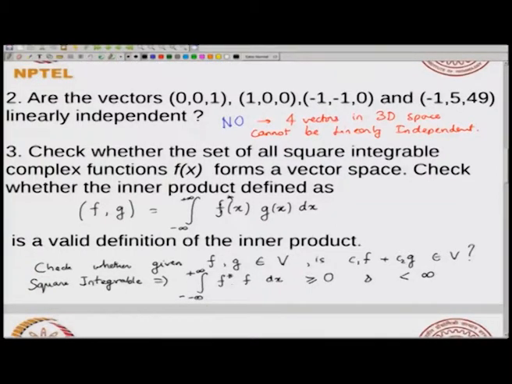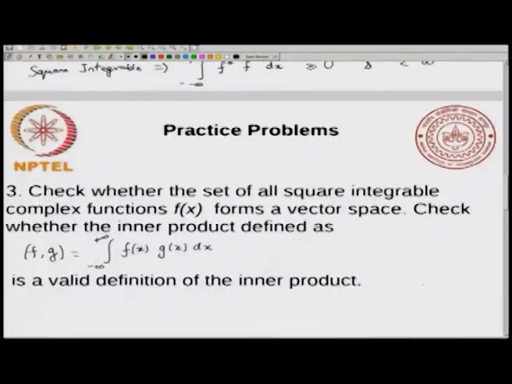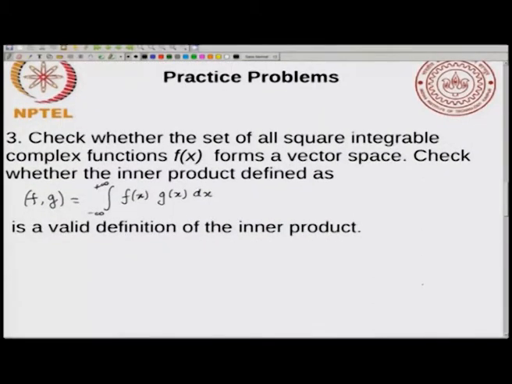Why should this be greater than 0? Because f star f is positive, and if it is less than infinity, then you say that the function is square integrable.